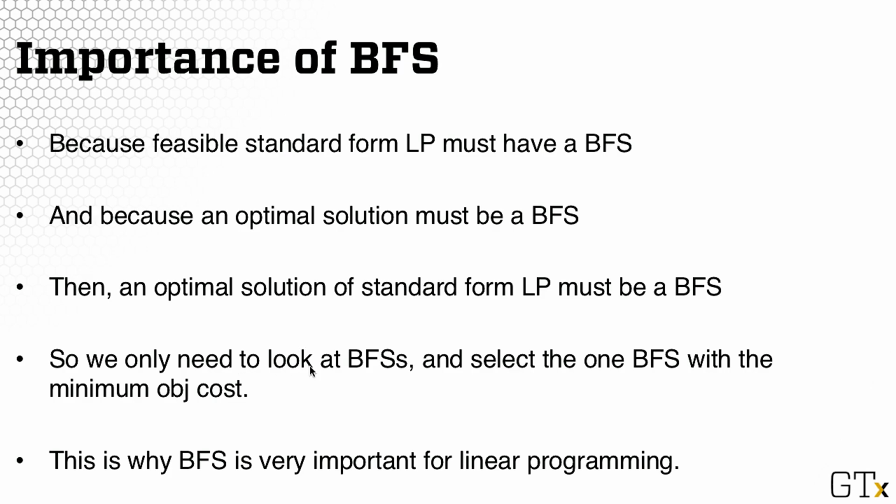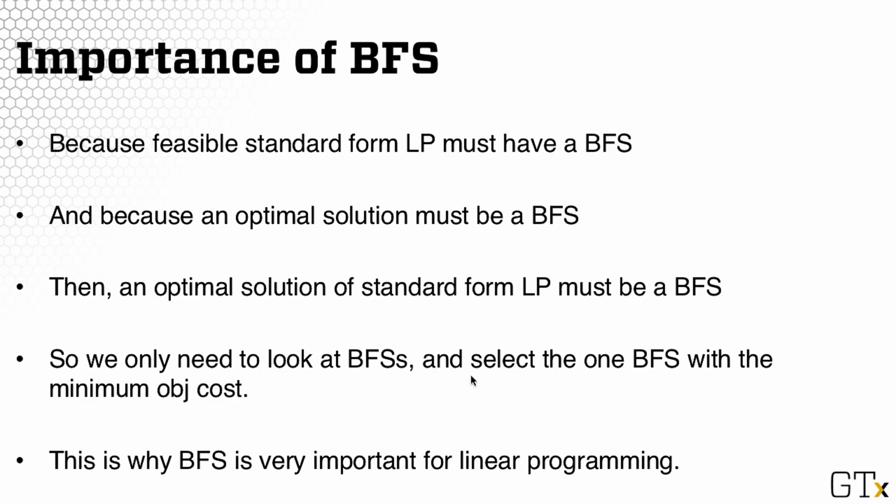In other words, we only need to look at basic feasible solutions to find the optimal one. And even if it has multiple optimal solutions, they are all optimal. So it suffices to just find a basic feasible solution that is optimal.